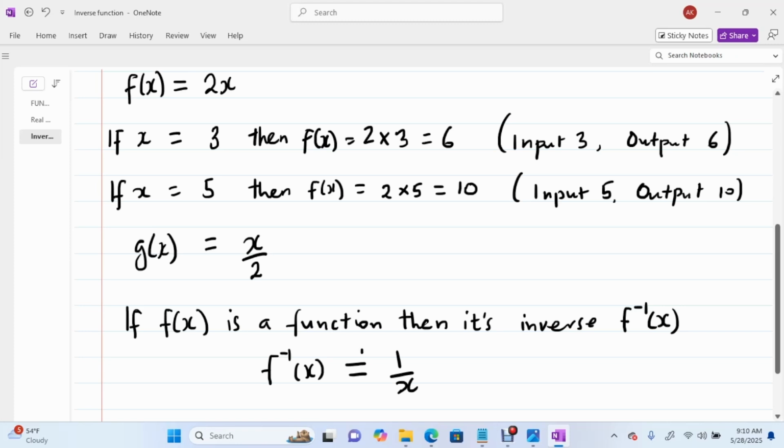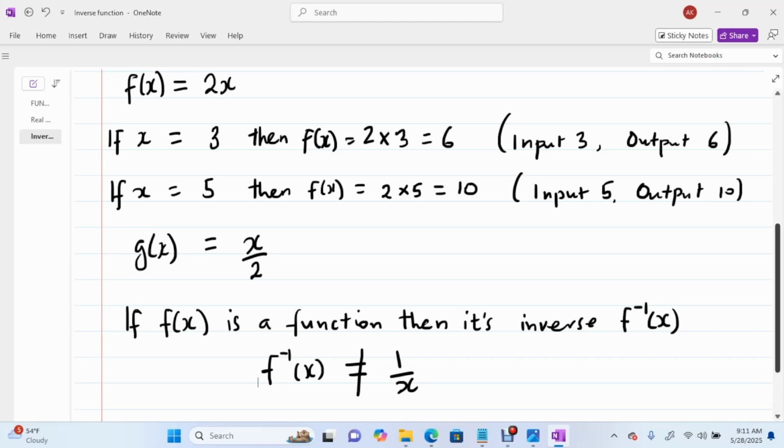No, it's never equal to that. So take note of it. We read it as f inverse of x, not f to the power negative 1 of x. Okay.